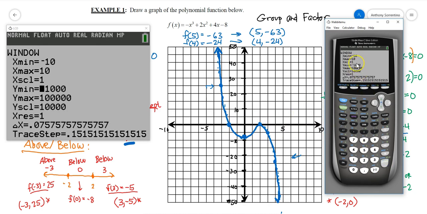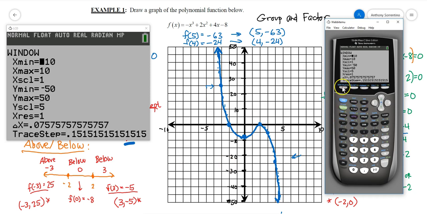I let my y's go from -50 to 50, and every 2 spots I went was 10. So that means that my scaling, I went by 5s. In reality, I could also make it go by 10s as well. When I graph the function, and by the way, I noticed that and fixed it, I've done some editing.